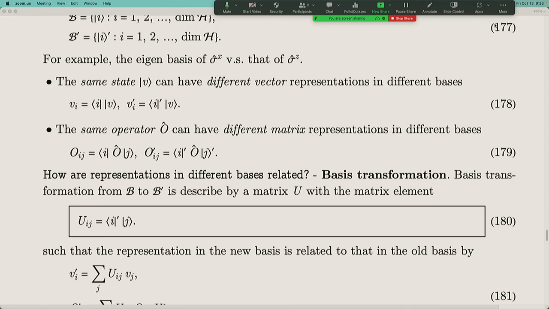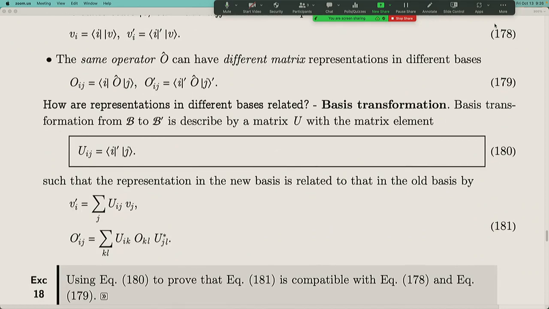So if you have the information about the two sets of basis vectors, you can calculate the interrelationship between each one of the basis vectors from these two sets. And that forms a table or a matrix, which is this U_ij. And then you can immediately use this U_ij to convert the vector component from one basis to the other basis.